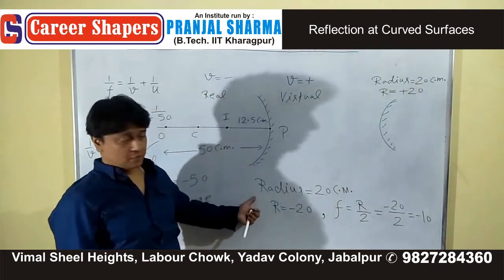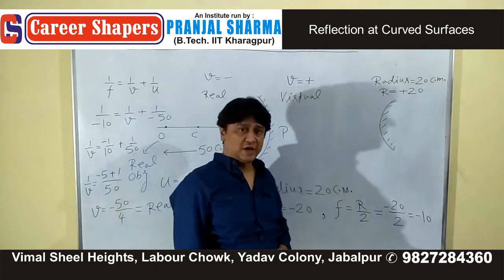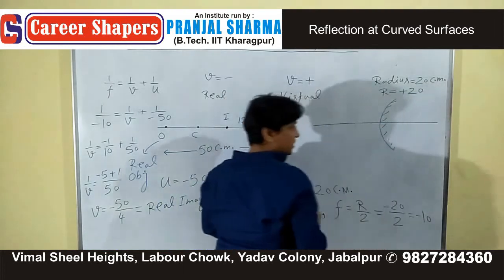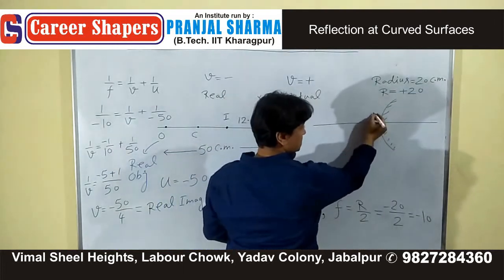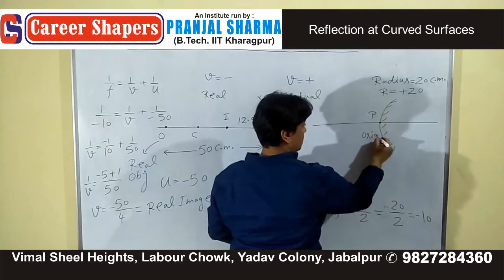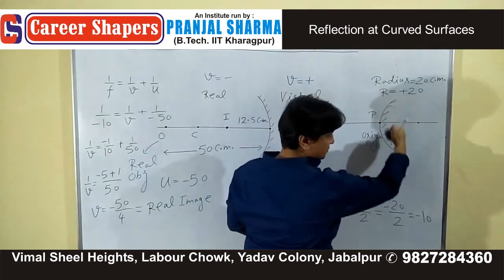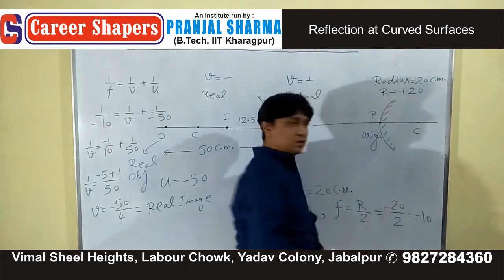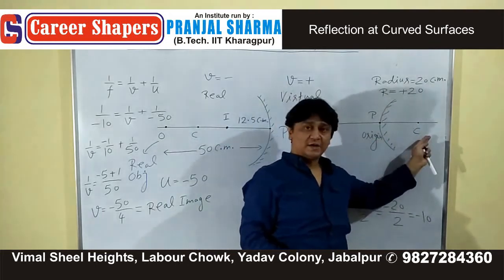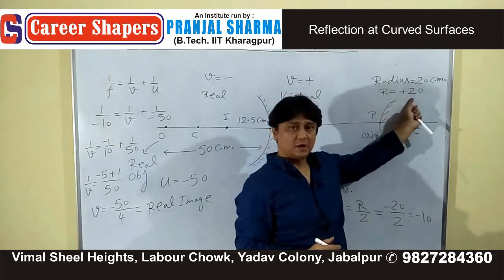For the first one, we had R as what? Minus 20. This time round, R is what? Plus 20. How do I know? That's the principal axis. This is pole. Pole is origin. And center of curvature for this sphere lies on the right side of the origin. Things on the right side, they are what? Positive. And therefore R is what? Plus 20.